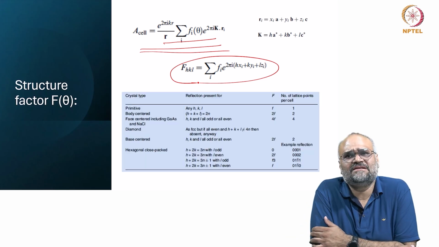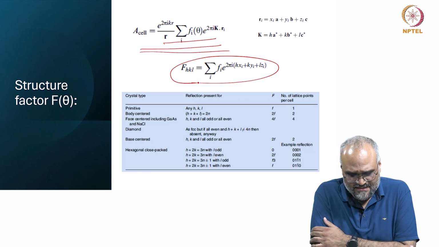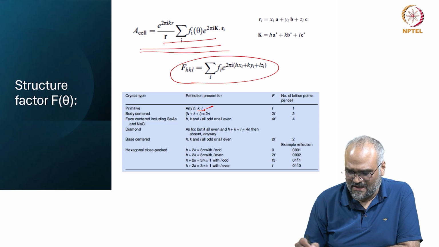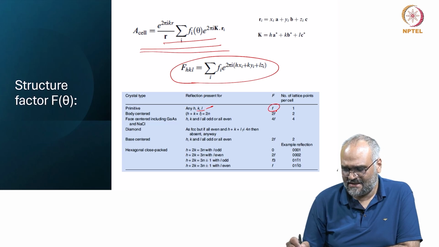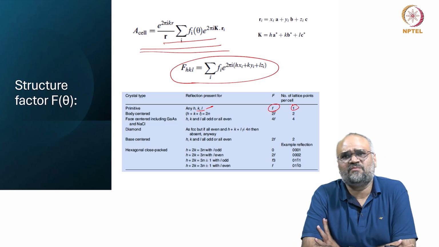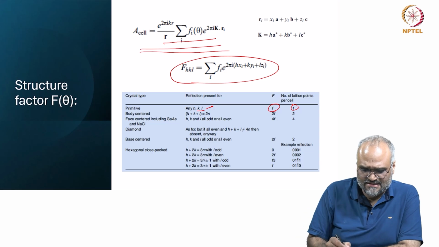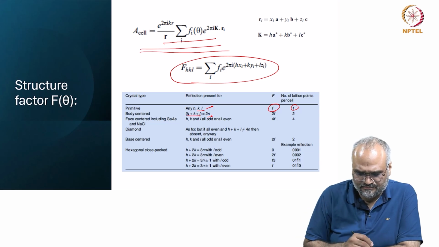Like I was just mentioning in the previous slide, for a simple cubic structure, for any HKL values, I have one lattice point, and my extinction rules are such that for all HKL I get a reflection. Whereas for a body-centered cubic, the summation of HKL becomes 2n.